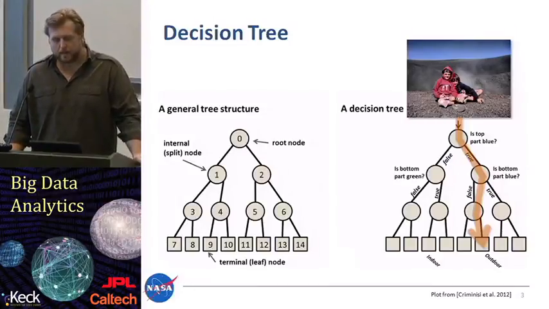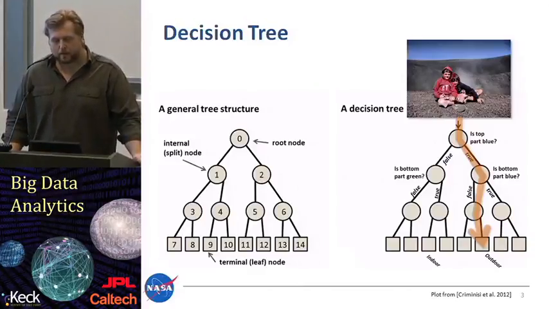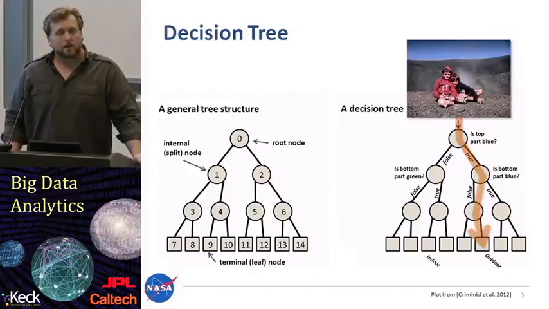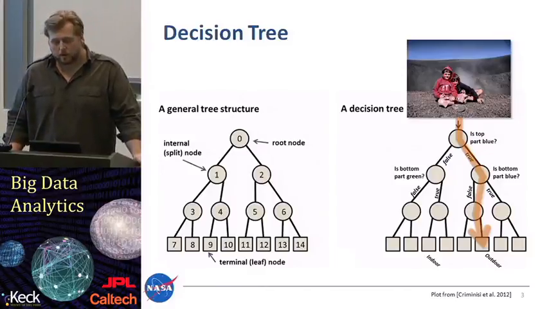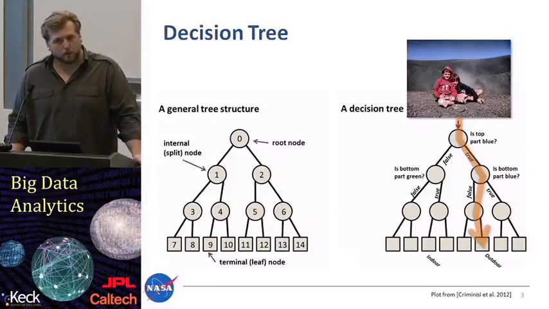So in practice, you could imagine a very simple example, as you can see on the right. In this scenario, we want to classify images to belong to one of two classes. One is outdoor images, the other one is indoor images. So you can think of asking a set of questions. The first question could be, is the top part of the image blue?